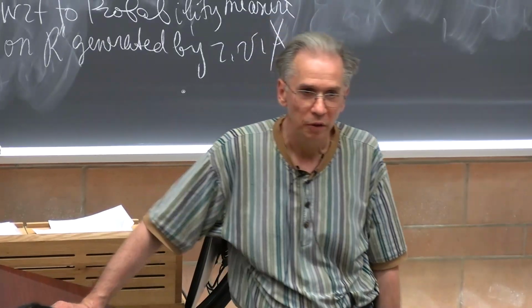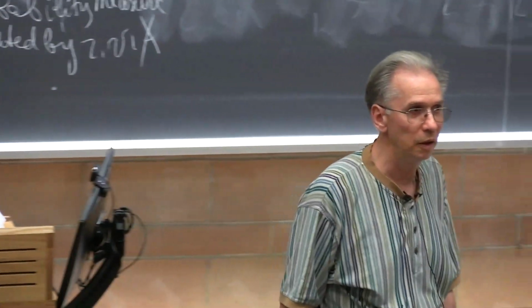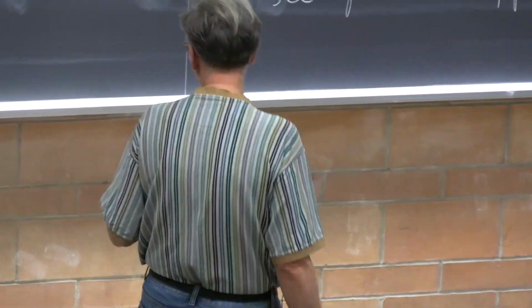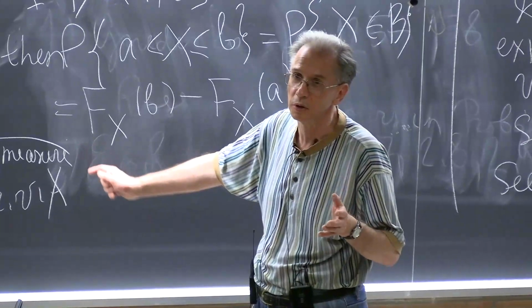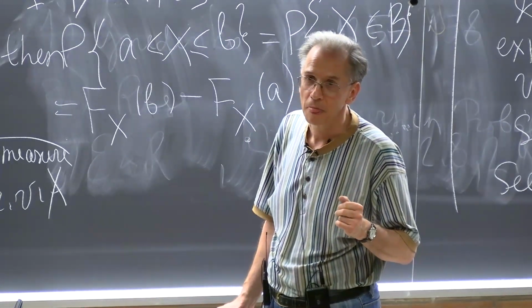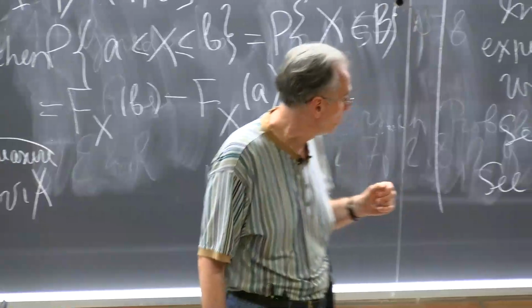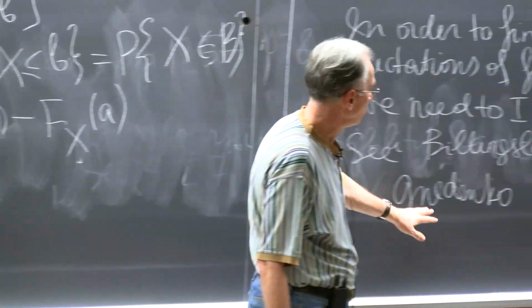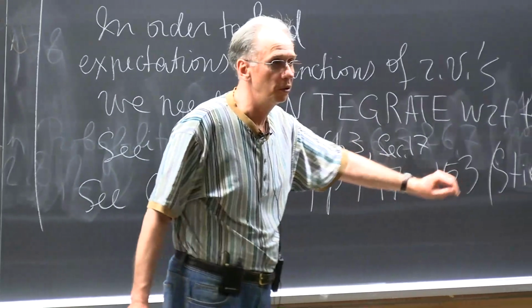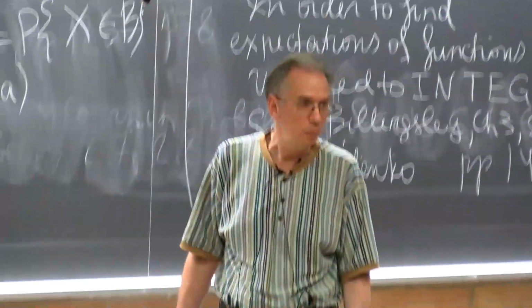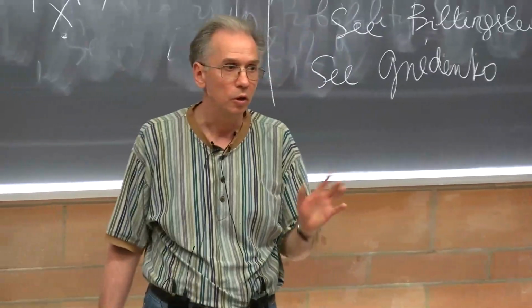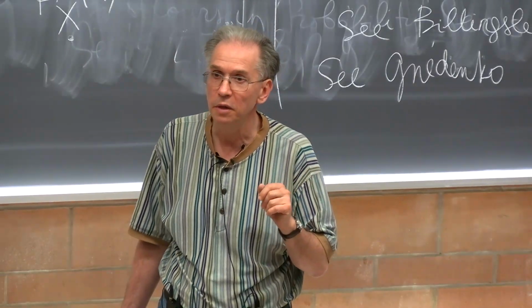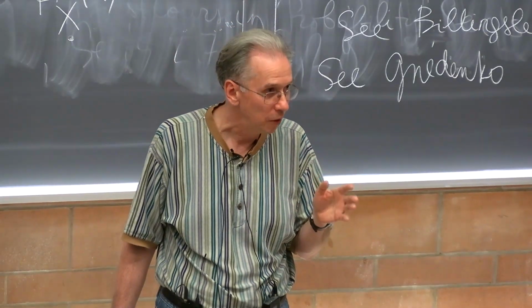Here it's even more headache than in calculus, because our integrals are with respect to a certain probability measure. So I am asking you to read 6 pages of Gnedenko's book, or some pages from Billingsley's book, to get into the technicalities. Okay?